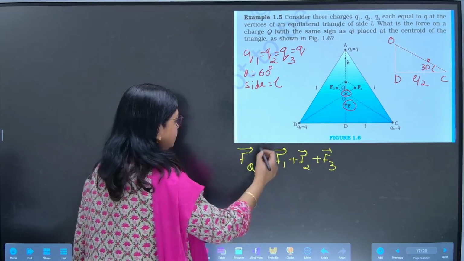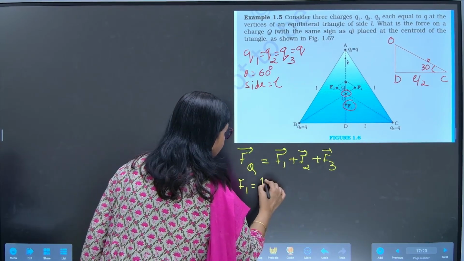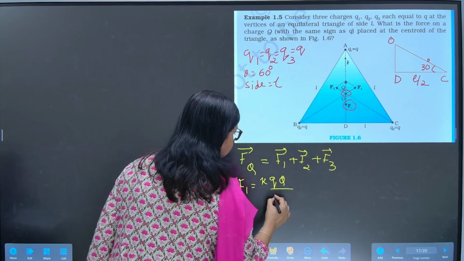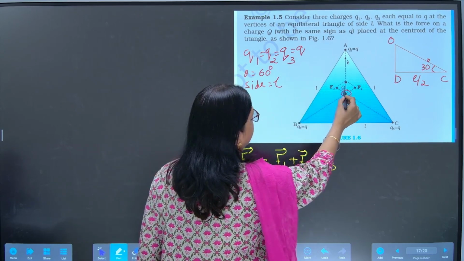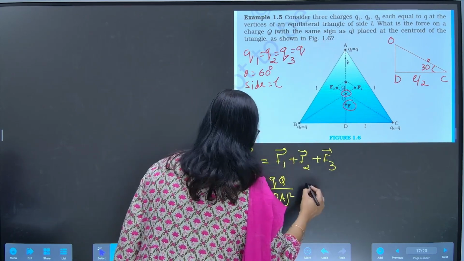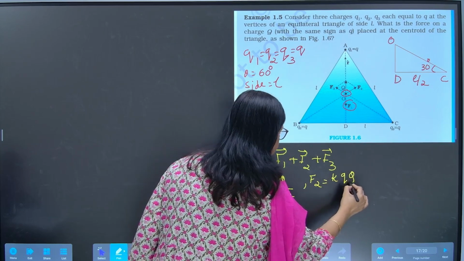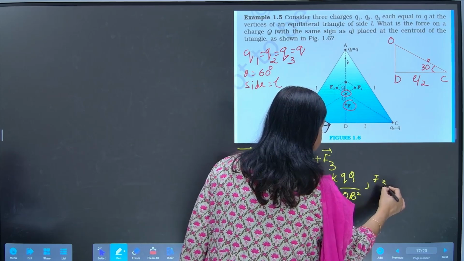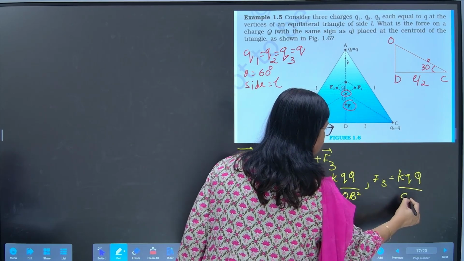So first let us find the magnitude of F1, which is equal to KQq upon OA square, because OA is the distance between Q and A. Similarly, F2 is equal to KQq upon OB square. F3 is equal to KQq upon OC square.